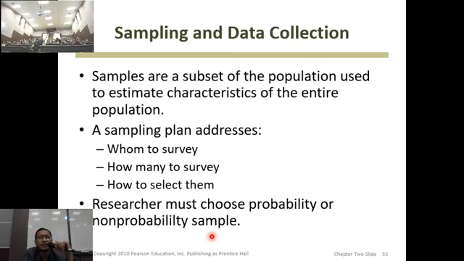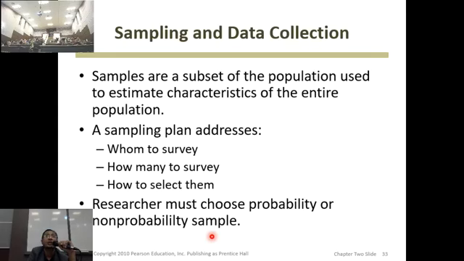Okay, sampling data collection. A sample is a subset of the population used to estimate characteristics of the entire population. You cannot sometimes ask everybody in Malaysia, so what you do is only take a sample. If you want to ask everybody in Malaysia, how many Malaysians? We have more than 30 million.